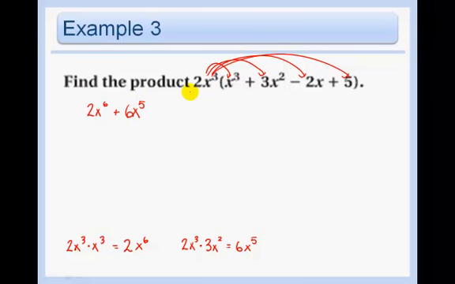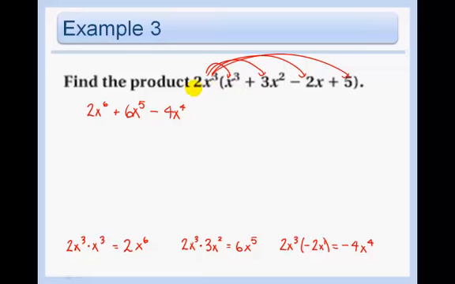Our next part says do 2x cubed and multiply it by negative 2x. And so, do the number part first. 2 times negative 2 is negative 4. X cubed times x to the first power, same basis, add the exponents. So I have negative 4x to the 4th.